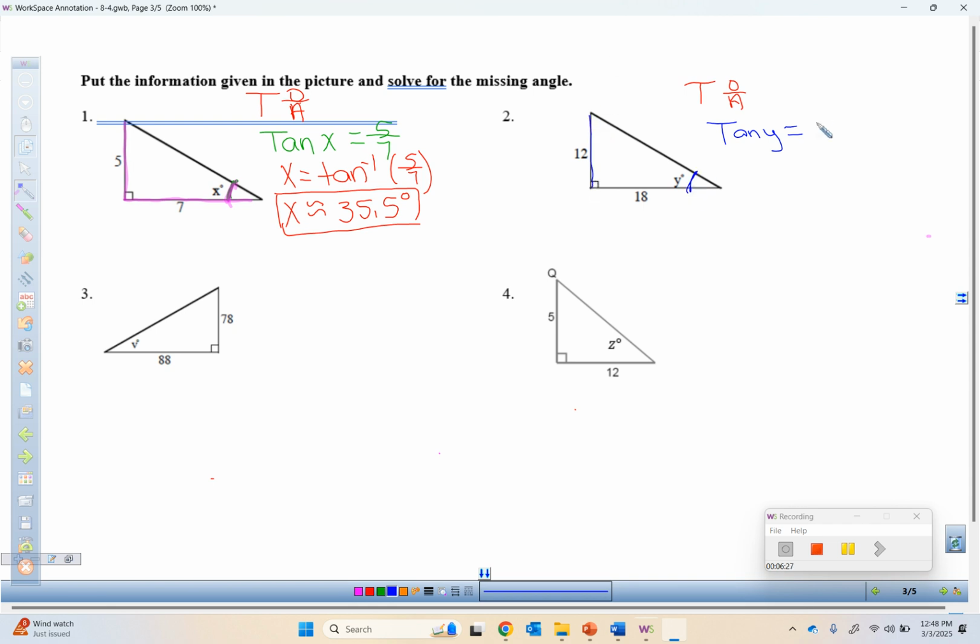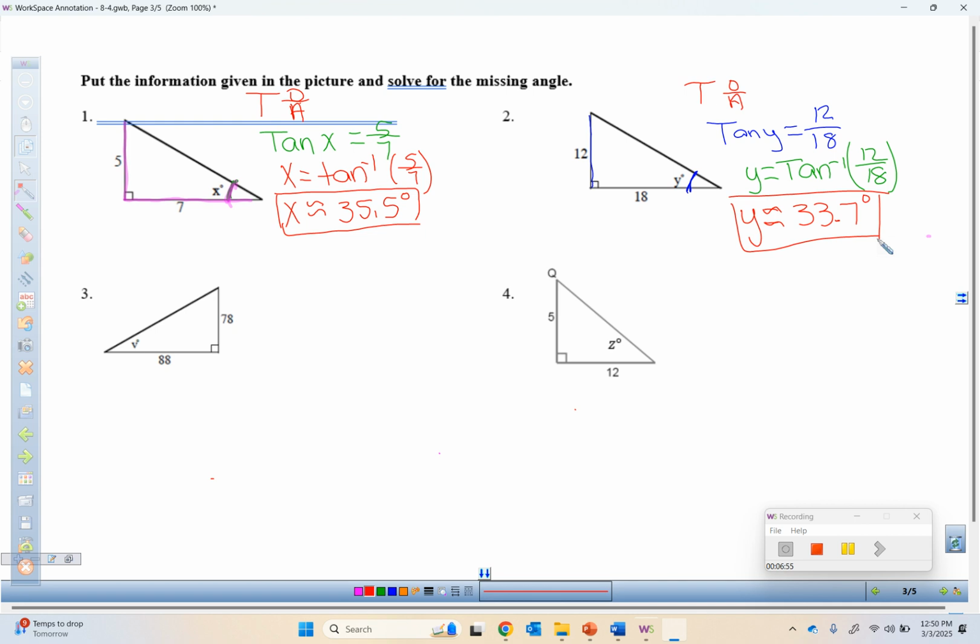What's the opposite? 12 over what is touching it? 18. Very good. So now in your calculator, I'm going to put y equals inverse tangent 12 divided by 18. So everybody go ahead and enter that, and let's see what we get. All right, so we should have come up with y equals, and it's an approximation. Again, we're rounding, 33.7 degrees.